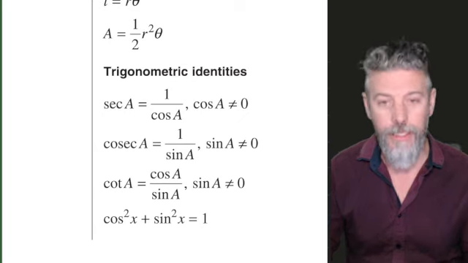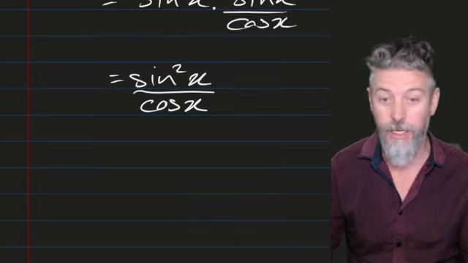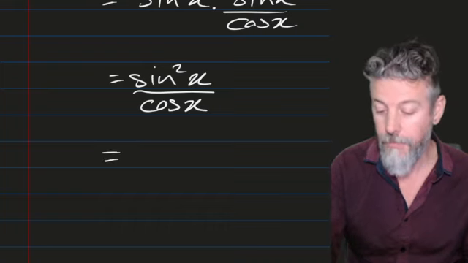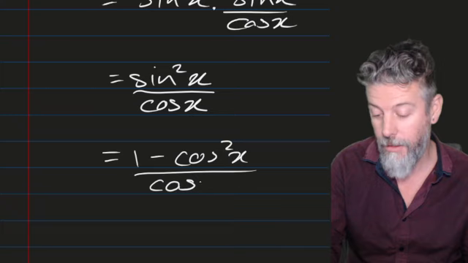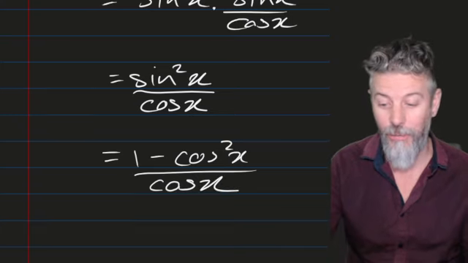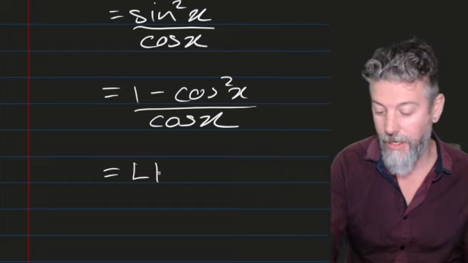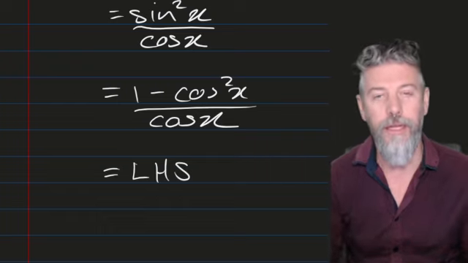So we can rearrange that to say that sine squared x is just equal to 1 minus cos squared x. We just make sine squared x the subject in that identity. And so we replace it with 1 minus cos squared x over cos x. And lo and behold, it looks like our left-hand side. And therefore, it's been proven as required.